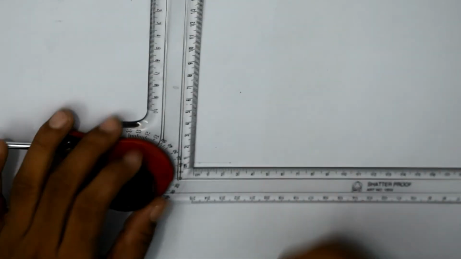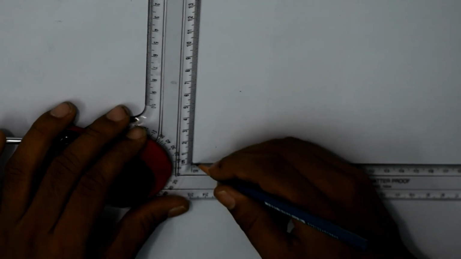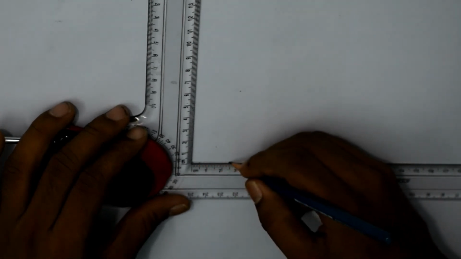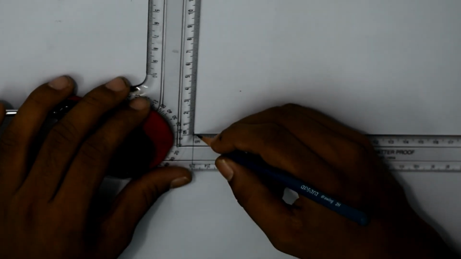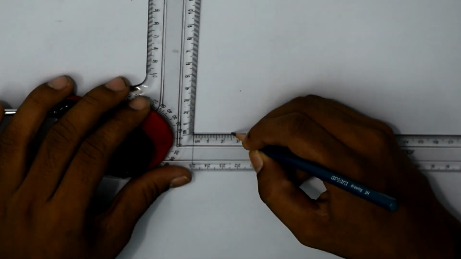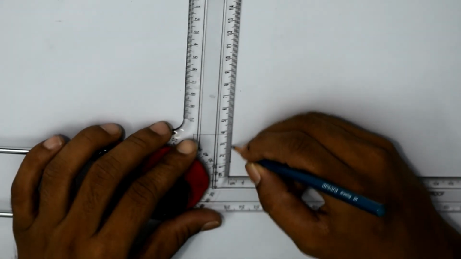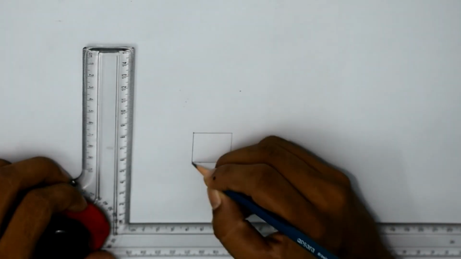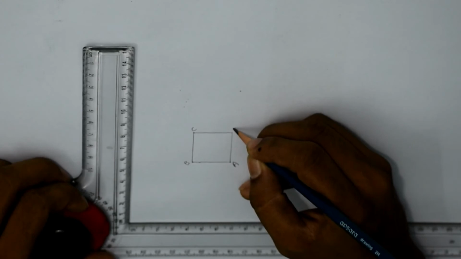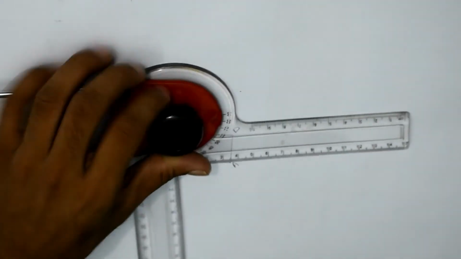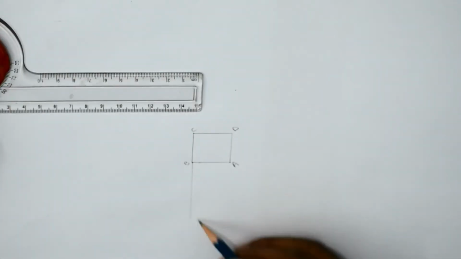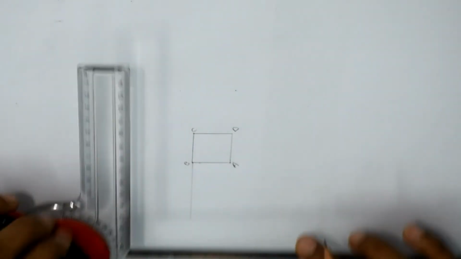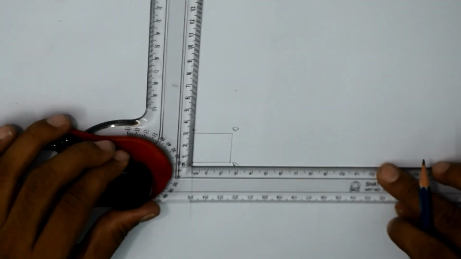So we have to first draw the involute of a square of 20 mm side. This is a square, just name it A, B, C, D. Now a perpendicular to the line AB in downward direction, as you can see here, and to the line BC.